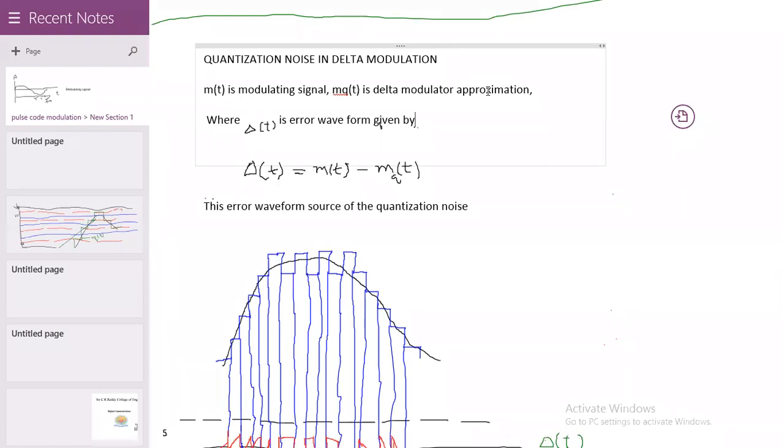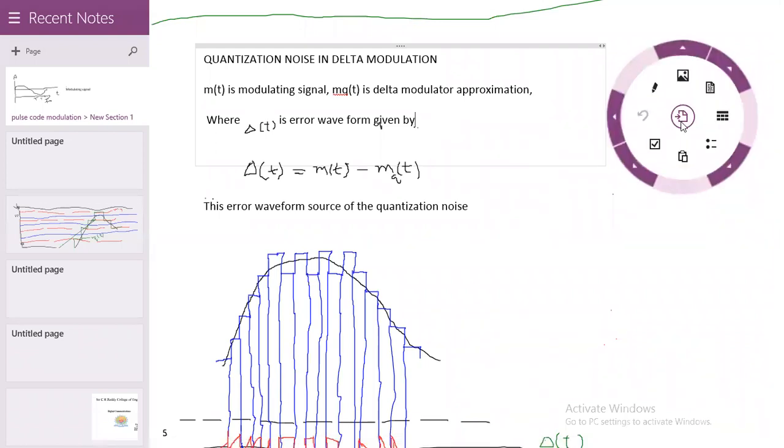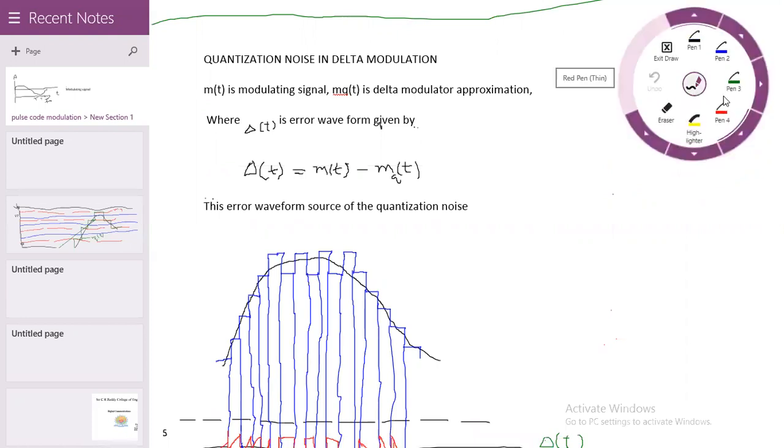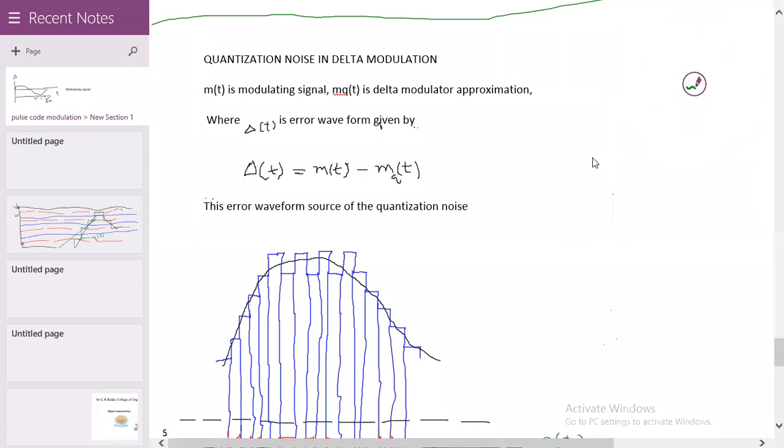Quantization noise in delta modulation. First, we have to derive the quantization noise in delta modulation. So here we can note down this one. We all are well known about that. M of t is a modulating signal.